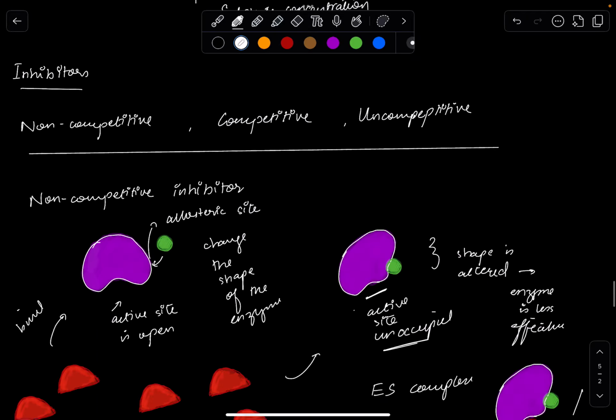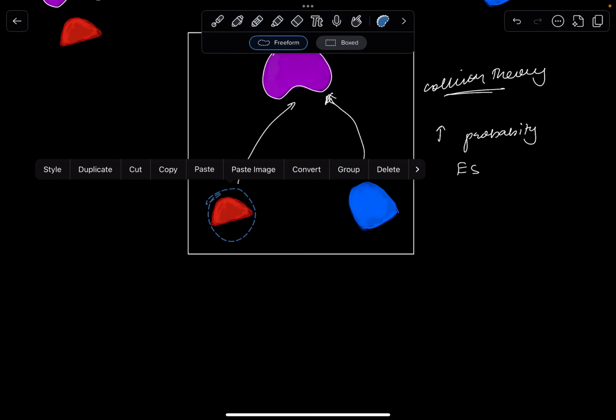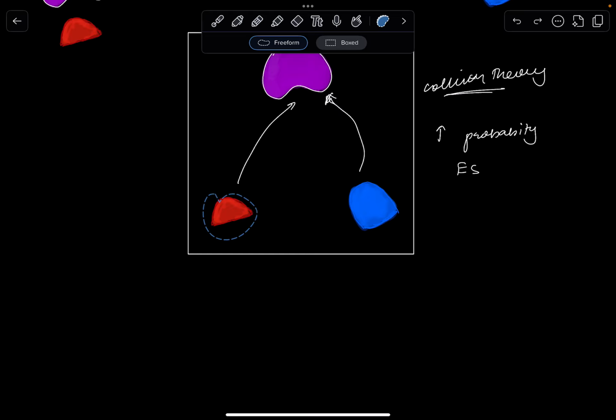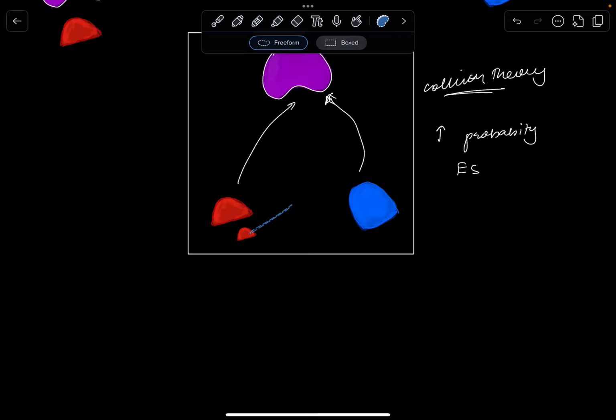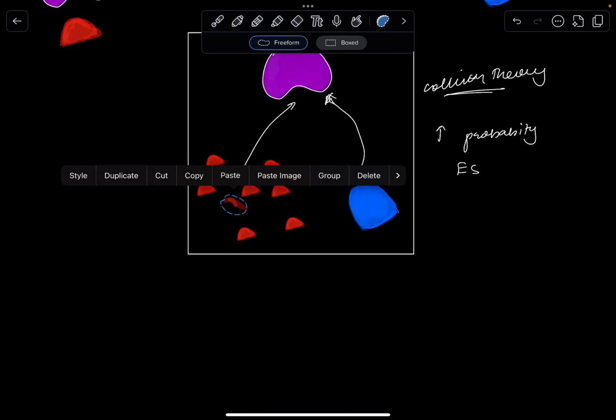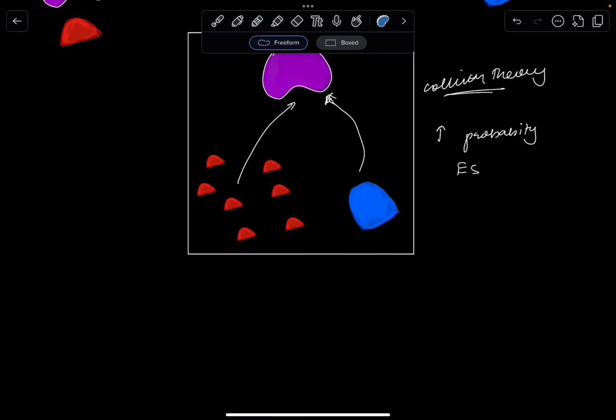So if I add a larger amount of my red substrate, then which one is likely to find the active site?